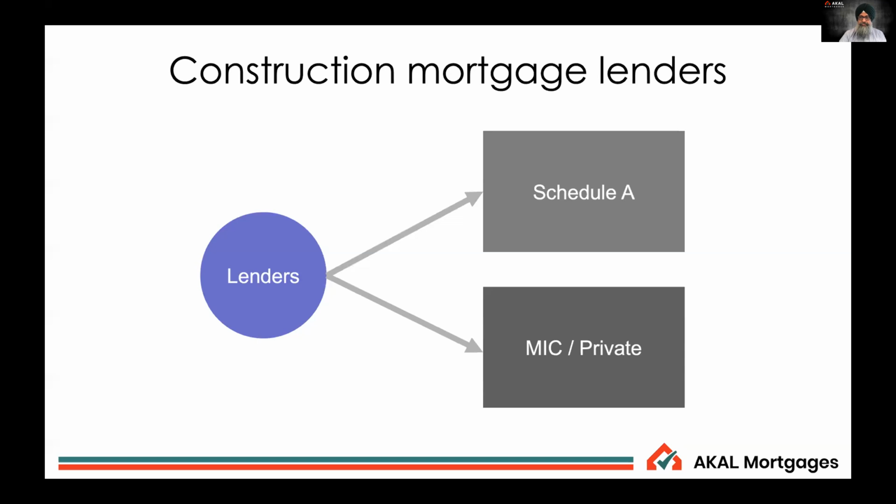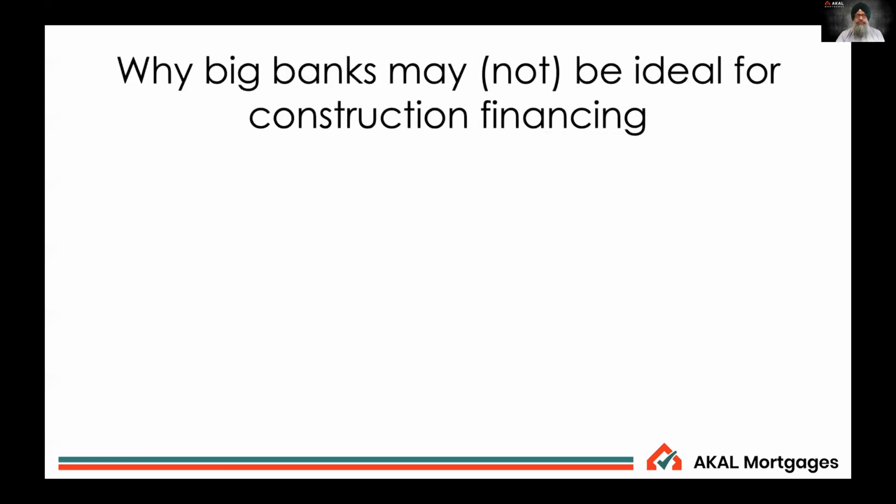Now, we talked about why we don't think that big banks are the best lenders for construction mortgage financing. May not be, because big banks often lack specialization in construction financing for single homes.